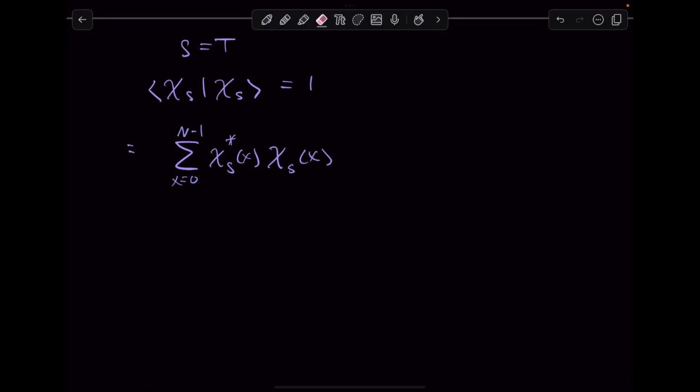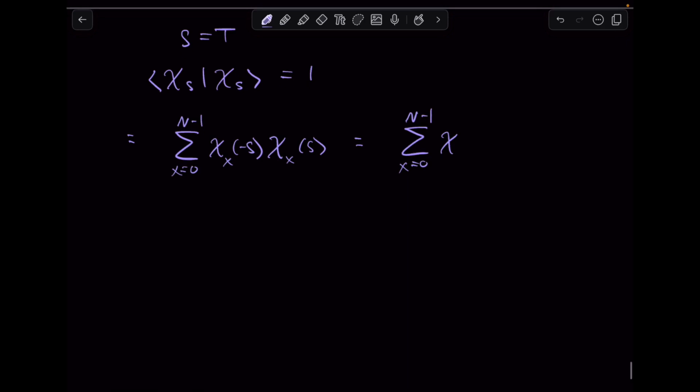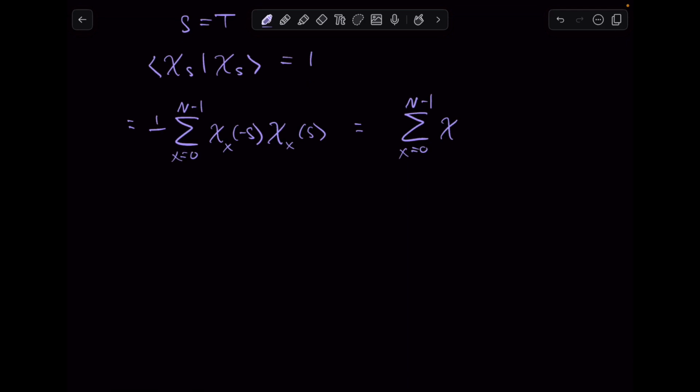And then from our identity, we know this is minus s. And then we know this is x minus s. And this is xs. And then using the conversion from multiplication to addition, this thing is chi of, I said we need to remember the normalization constants, and we do. So this thing is going to have 1 over square root of n times 1 over square root of n, which is, of course, just 1 over n.